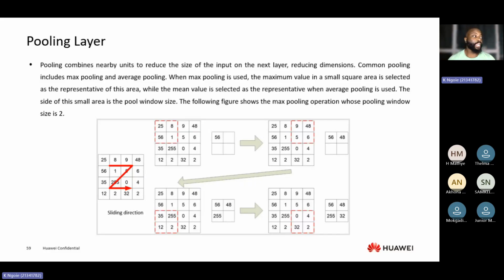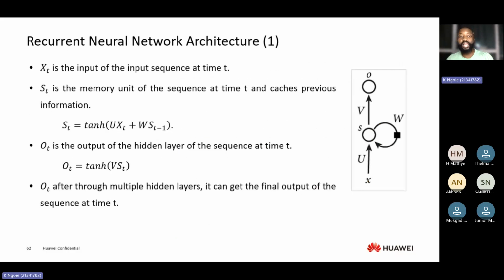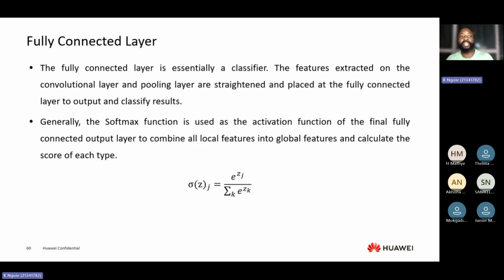All this was explained in the video where you have it on a real picture. And the last layer will be the fully connected layer, where we're going to actually determine what that image really represents in terms of probabilities.